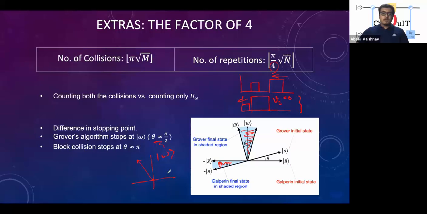So you got some particular information. Your initial state was this, that is equal superposition. And then you did some transformations on this to change the information of the state vector and finally get to the marked state omega. And once you again continue in the other direction, you're again losing the information of whatever the search algorithm that you have done.